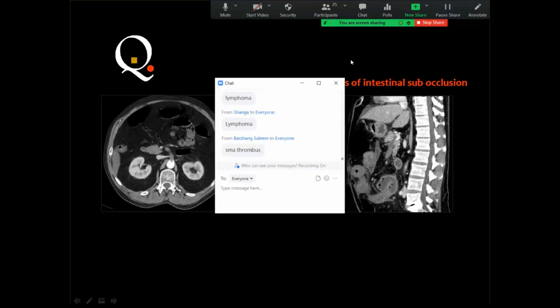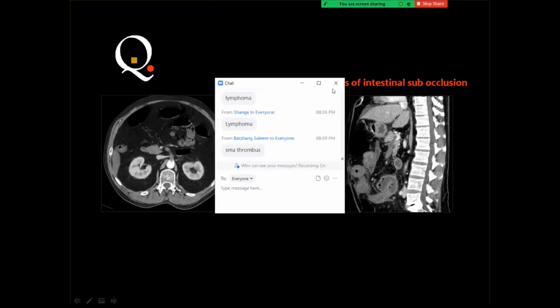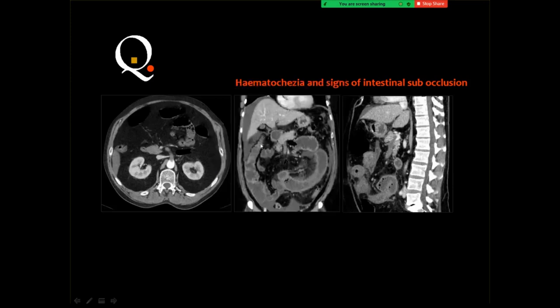Yes, the answer is good, and this is superior mesenteric artery thrombosis and intestinal ischemia as well. If you look carefully here, you can see the thrombus in the superior mesenteric artery and also in the sagittal image.